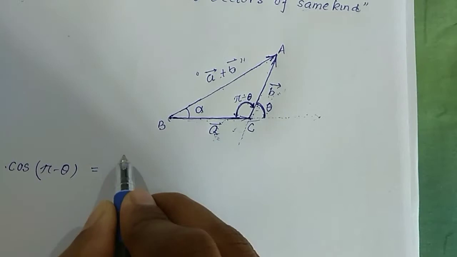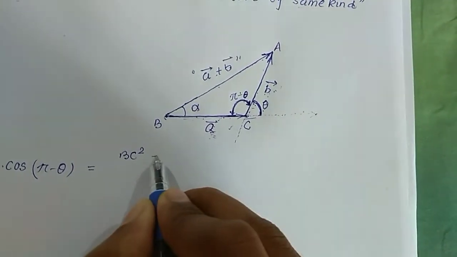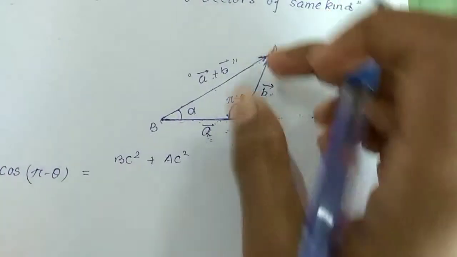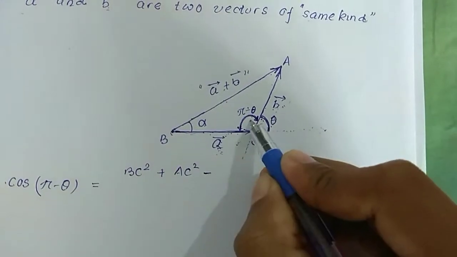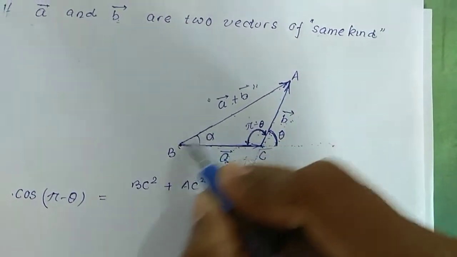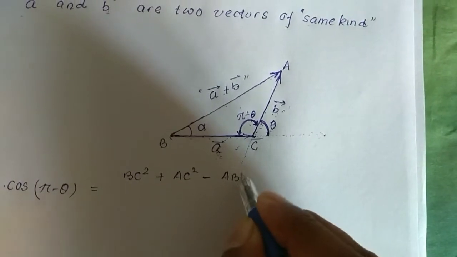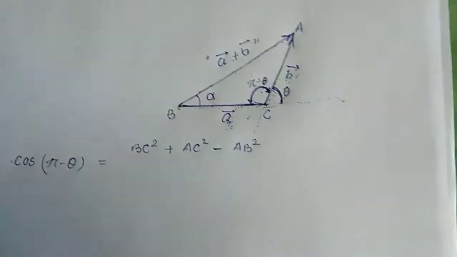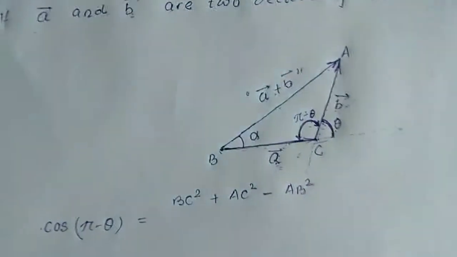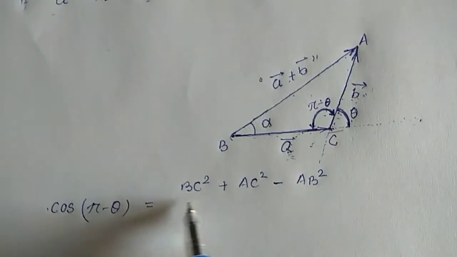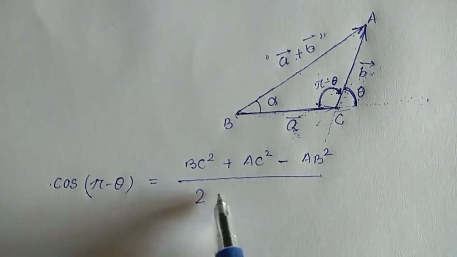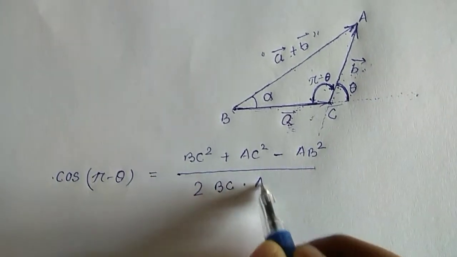So the square of the length of this side plus the square of this side, these two sides, minus the square of this side AB, divided by twice the product of the same sides, BC and AC.